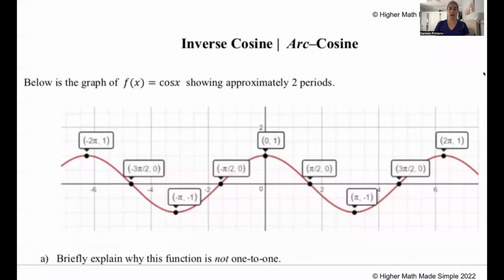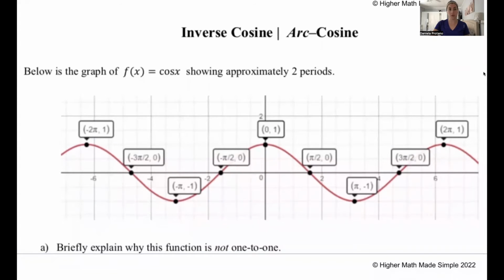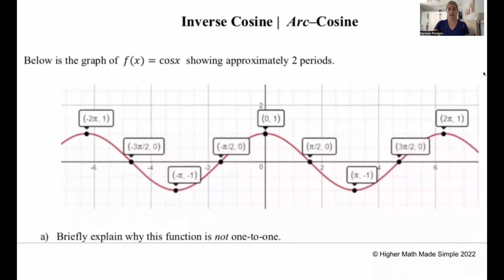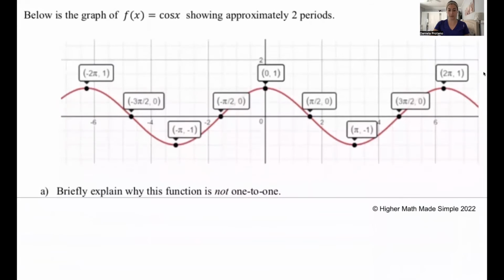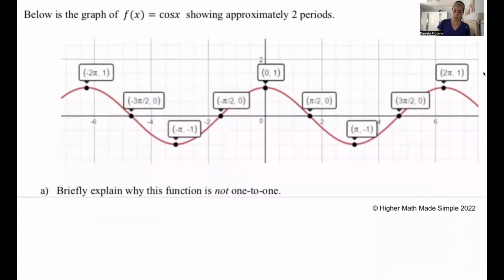So deriving the range of arc cosine is going to be similar to that of arc sine. So here's about 2 periods of the cosine function, and it's not 1-to-1 for the same reason that the arc sine is not 1-to-1. This does not pass the horizontal line test.